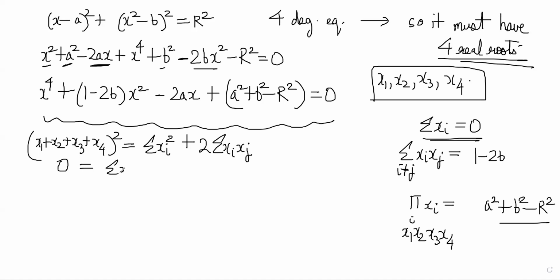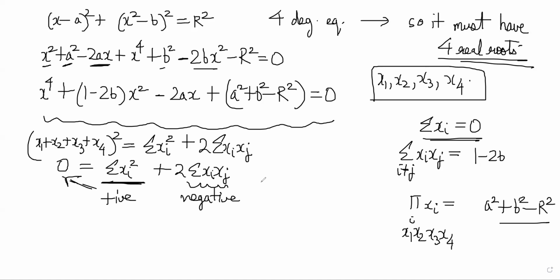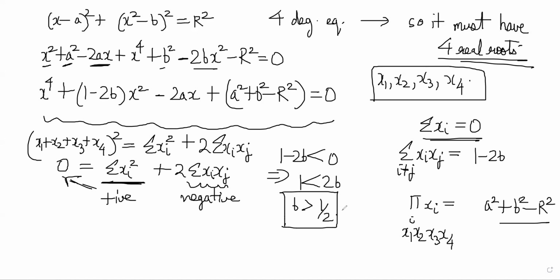We get 0 equal to the sum of all the xi square plus 2 times the sum of all the xi xj. Since the first is always positive, this must be negative, because both cannot be positive. So 1 minus 2b is less than 0, which means 1 is less than 2b, or b is greater than half.